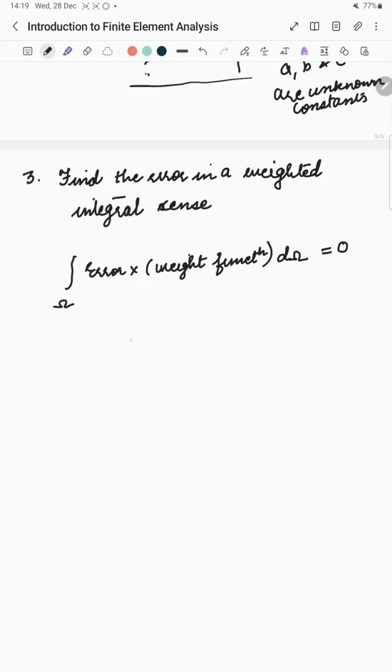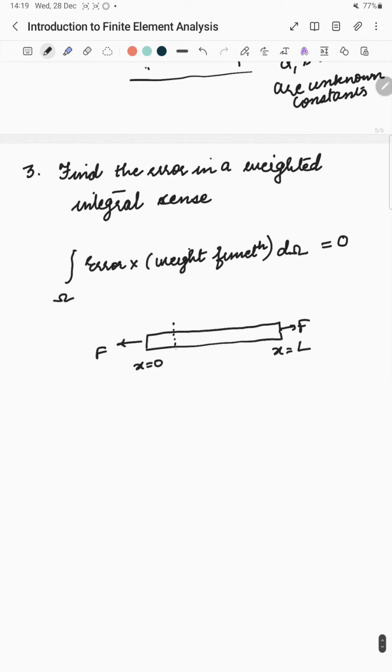Let's go back again to the bar problem. We are stretching this bar with force F. Here x is equal to 0, length of the bar is L, and we have divided it into elements.